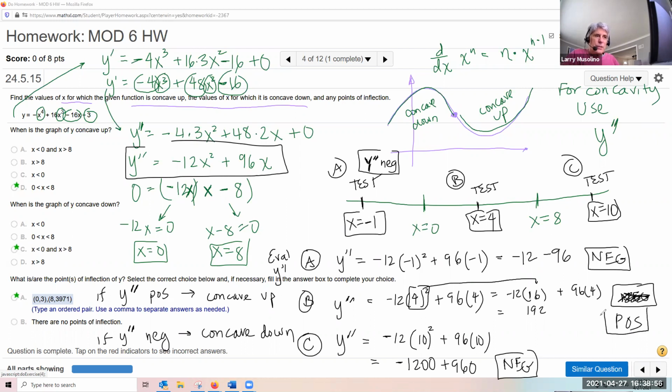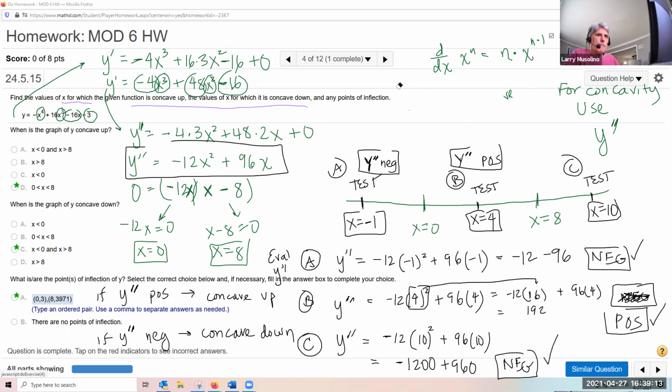All right, well, here's our summary. For interval A, we found the second derivative was negative. For interval B, the second derivative was positive. And for interval C, the second derivative was negative.